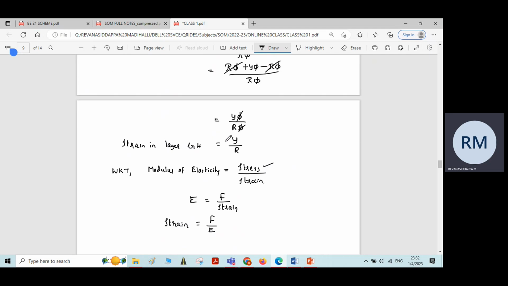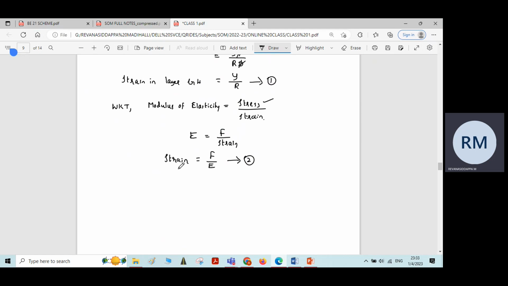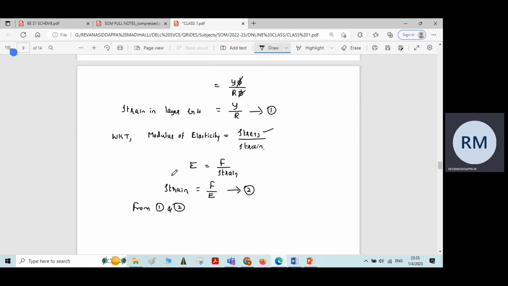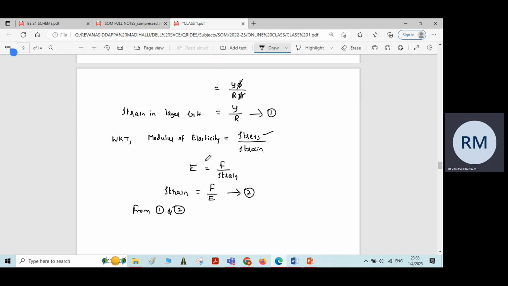Now you call this strain in layer GH as equation number 1. This is equation number 2. So we have the generalized equation for strain as F by E. We know the strain in layer GH is equal to Y by R. Now from equations 1 and 2, we can equate the strains.